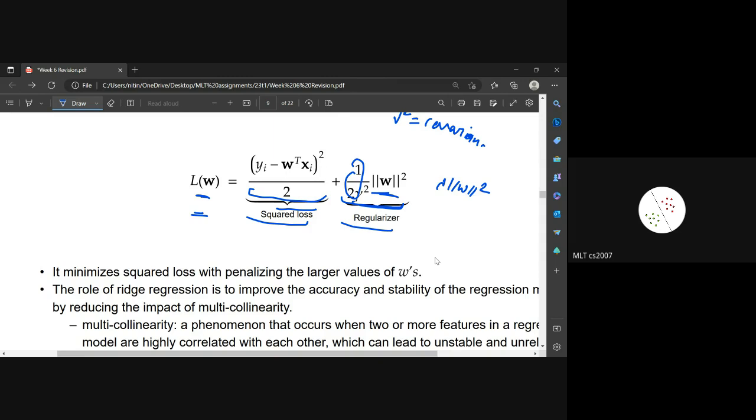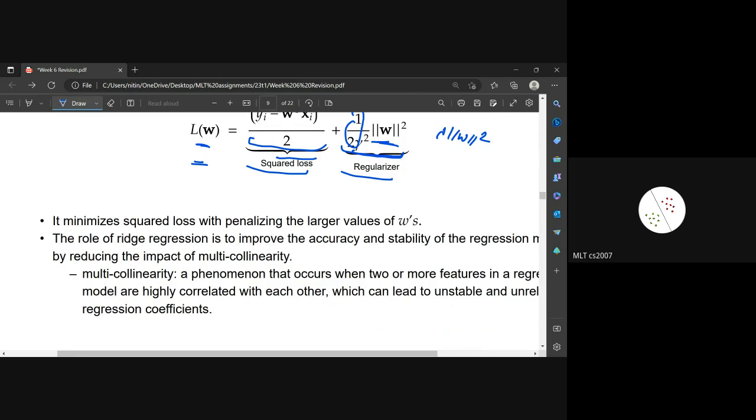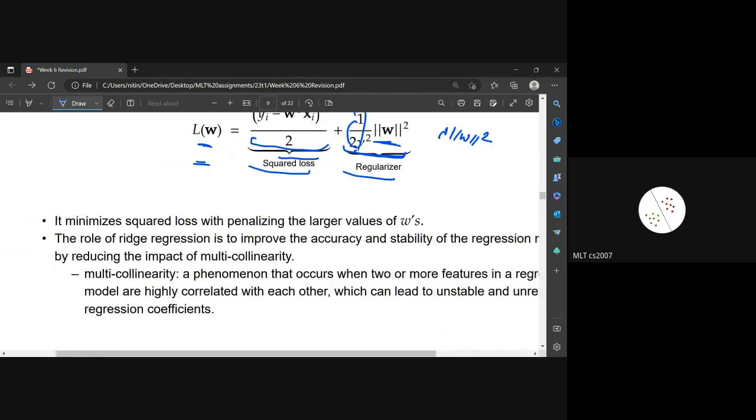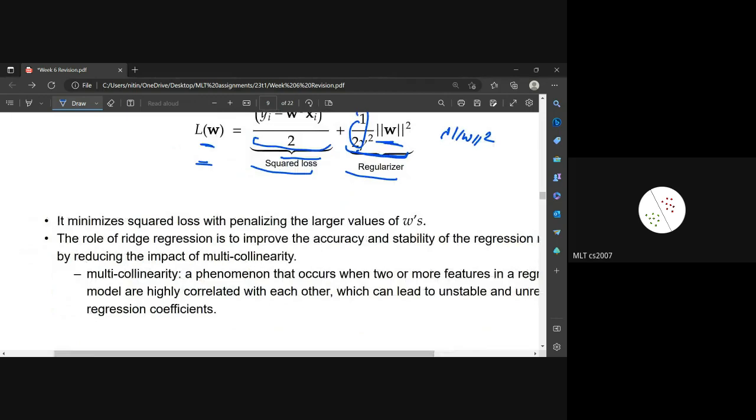And sir also gives one example. In this manner, we try to stabilize our model. Stabilize means that your MSE is going to be less in this case, and it also reduces the multicollinearity.